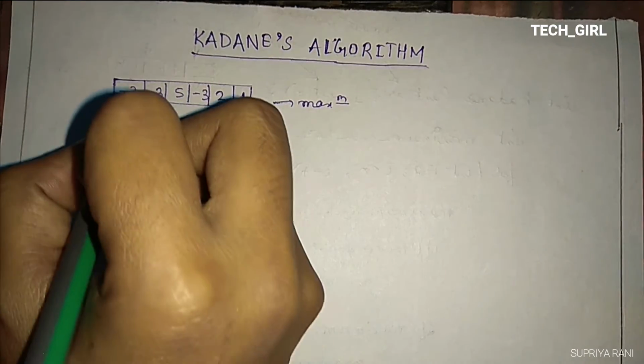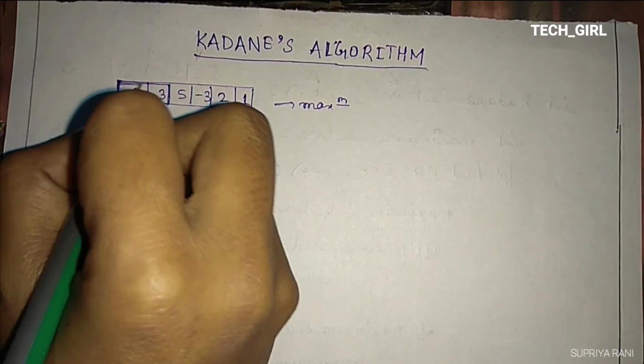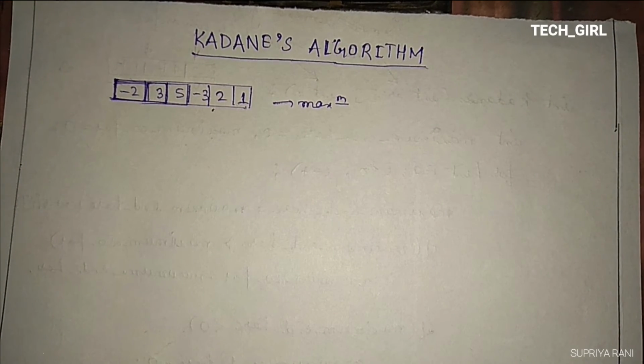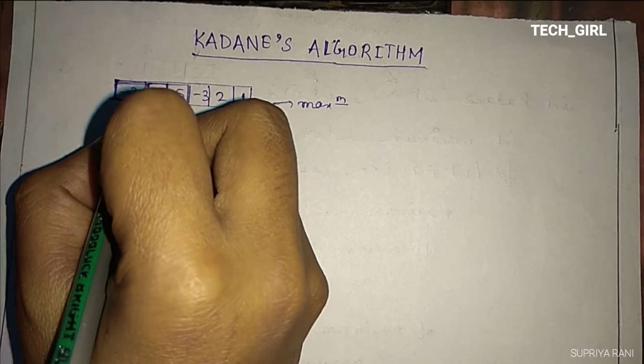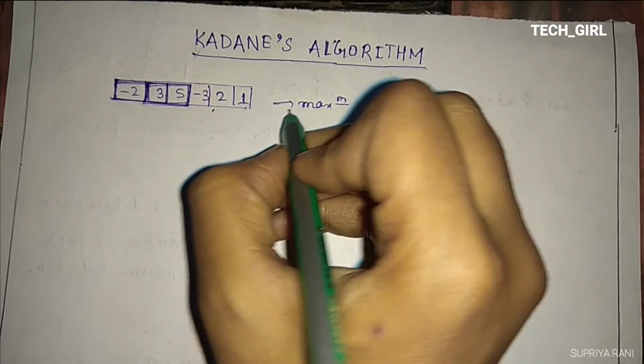What I mean by this is that this is a subarray, this can be a subarray, this can be a subarray. So a large number of subarrays are possible from an array. But our aim is to find the maximum sum subarray that is continuous in nature. So in this case, this is our maximum sum subarray, right? So our answer will be 8.